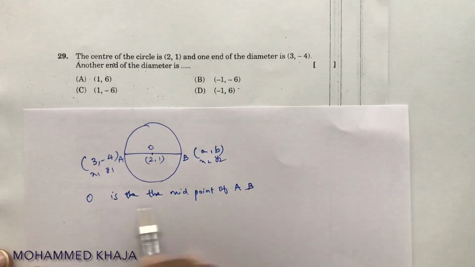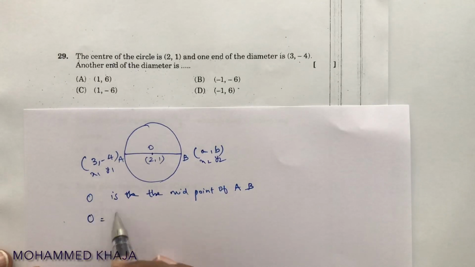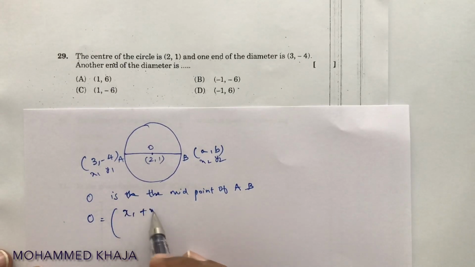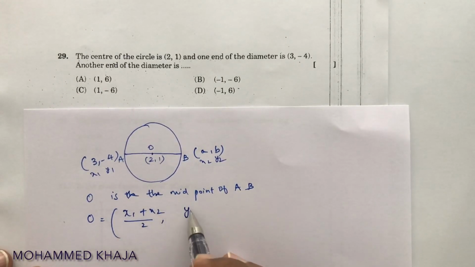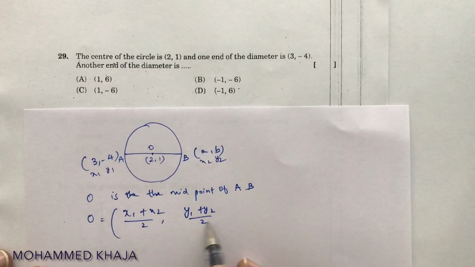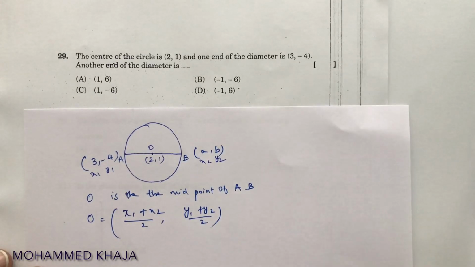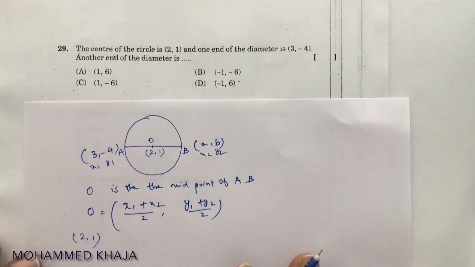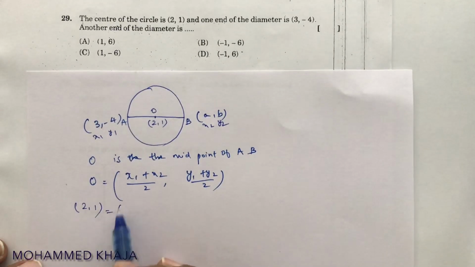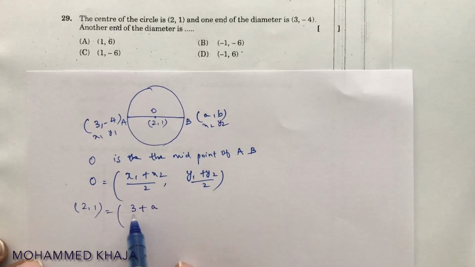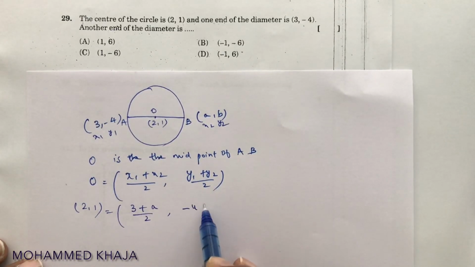So O equals, what is the midpoint formula? (x1 plus x2) by 2, (y1 plus y2) by 2. So the center is (2, 1). Okay, center is (2, 1), and x is (3 plus a) by 2, y is (-4 plus b) by 2.